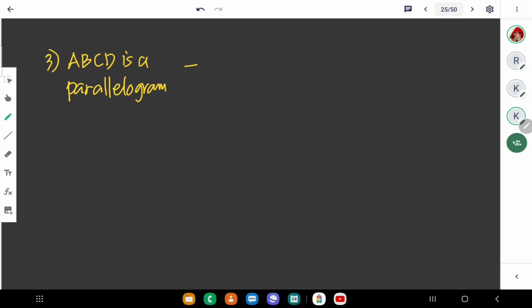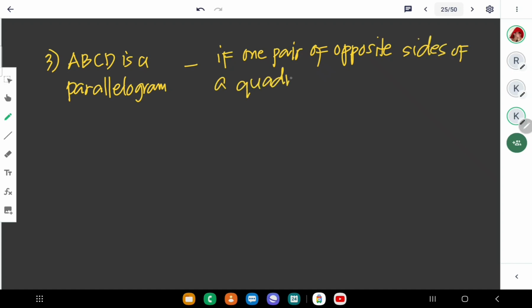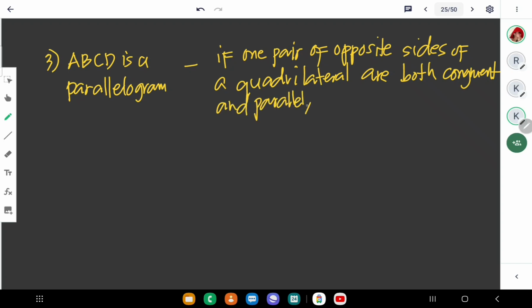Our reason would be if one pair of opposite sides of a quadrilateral are both congruent and parallel, the quadrilateral is a parallelogram. You just have to memorize that.